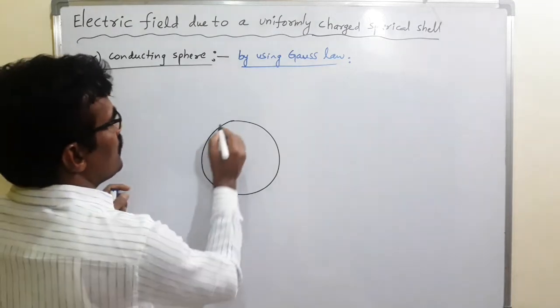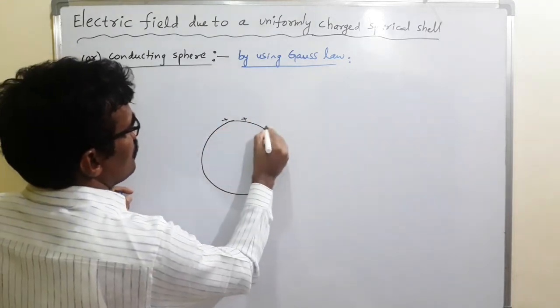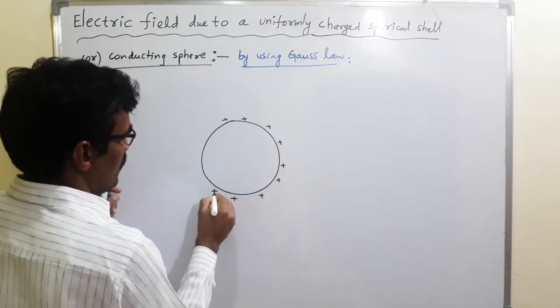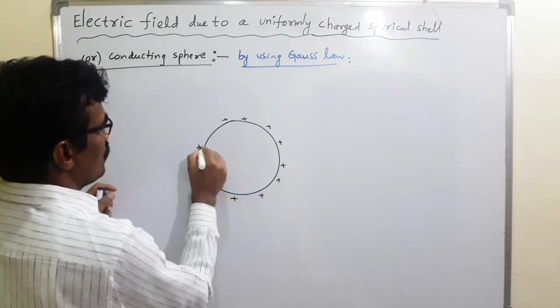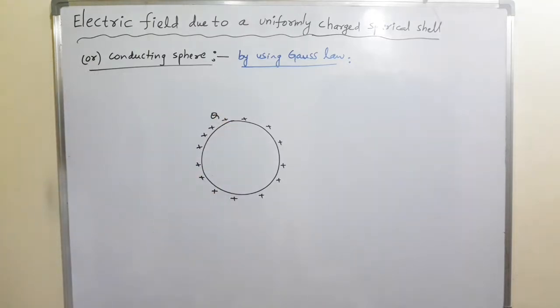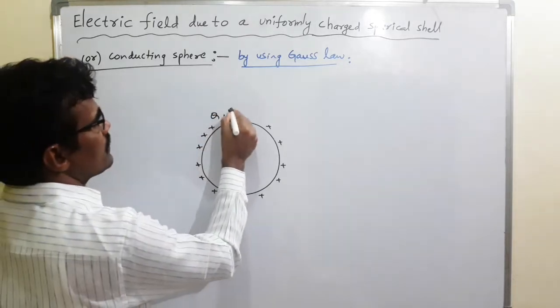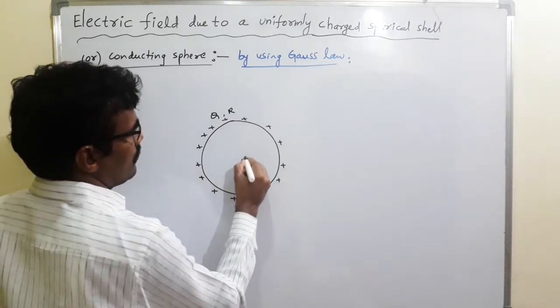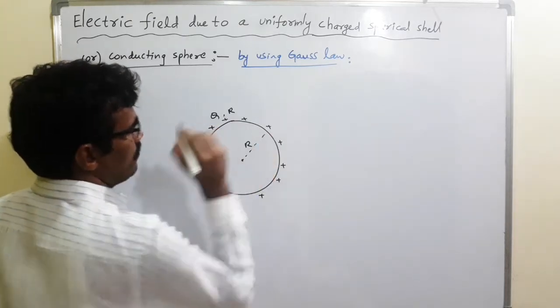The charge on the sphere is Q. It is a conducting sphere, so the charge resides on the outer surface. Its radius is capital R, from here to here.